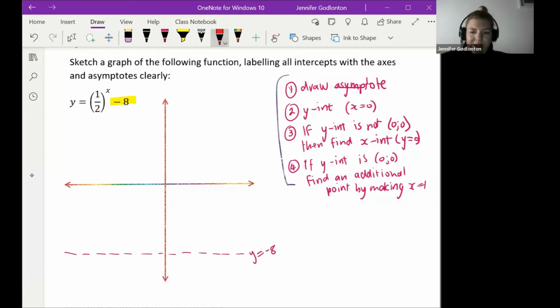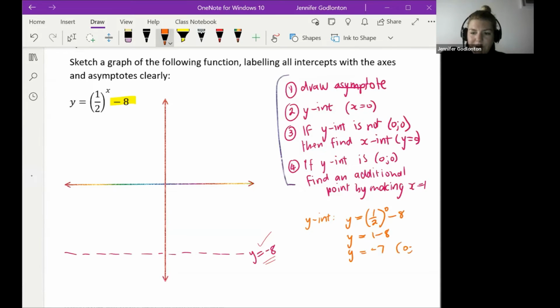Okay, so if you did this, give yourselves a tick. So finding your asymptote is 1 mark, and if you've labeled it. If you haven't labeled it, no tick. Next step is we want to find our y-intercept. So we're going to make x equal to 0, which means y is equal to 1 minus 8, which means y is equal to -7.